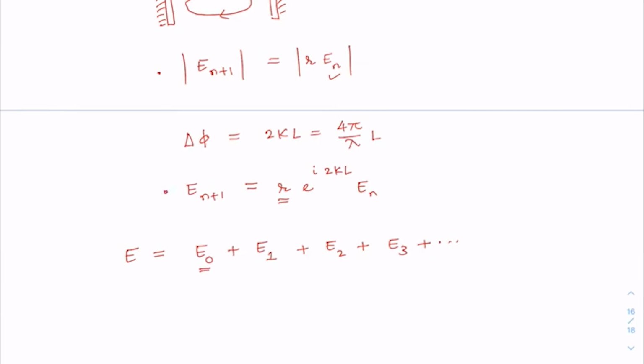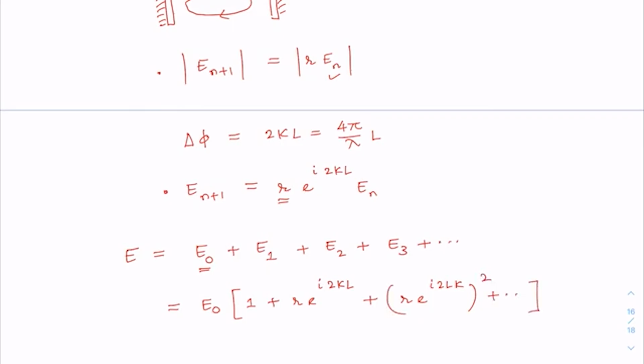So I can write it as E0 times 1 plus R e to the power i 2kL, then R e to the power i 2kL whole square, and so on.